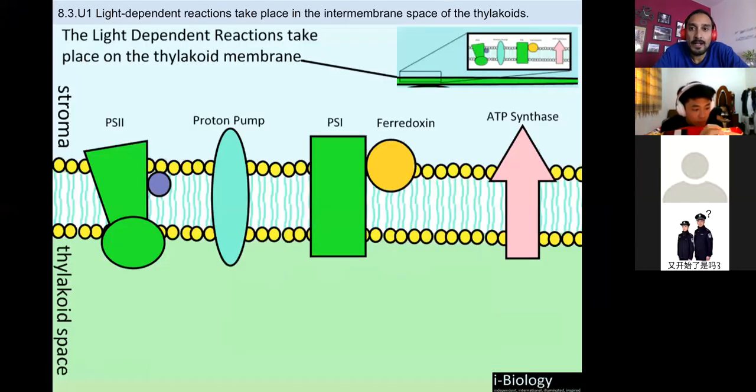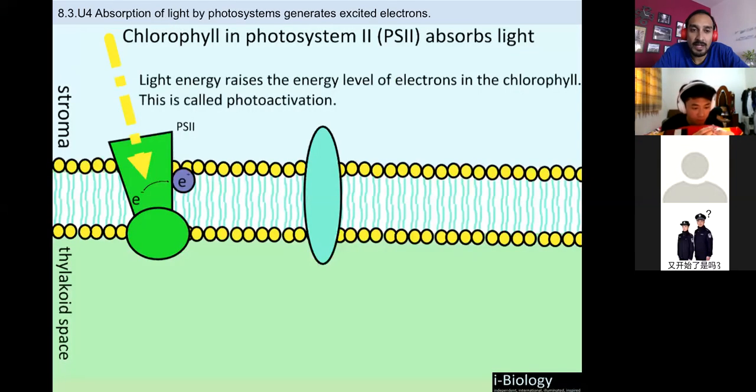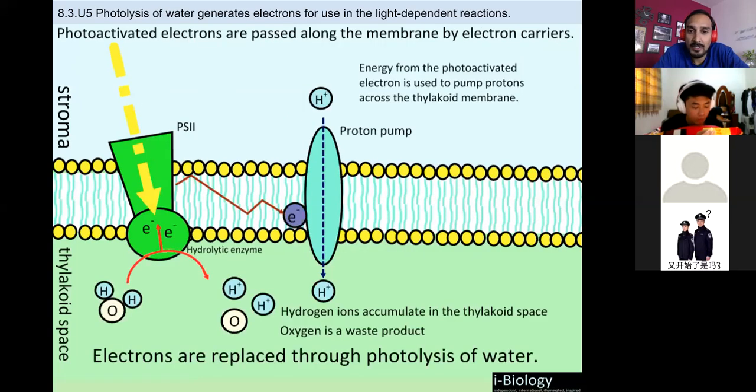All right, remember, these are the reactions that take place when there is light. The first thing we have is light shines on photosystem 2 and photoactivates an electron, meaning it excites it to a higher energy state. In addition to that, it also helps to do photolysis, which is the splitting of water, so that you can replace the electron that was super excited.